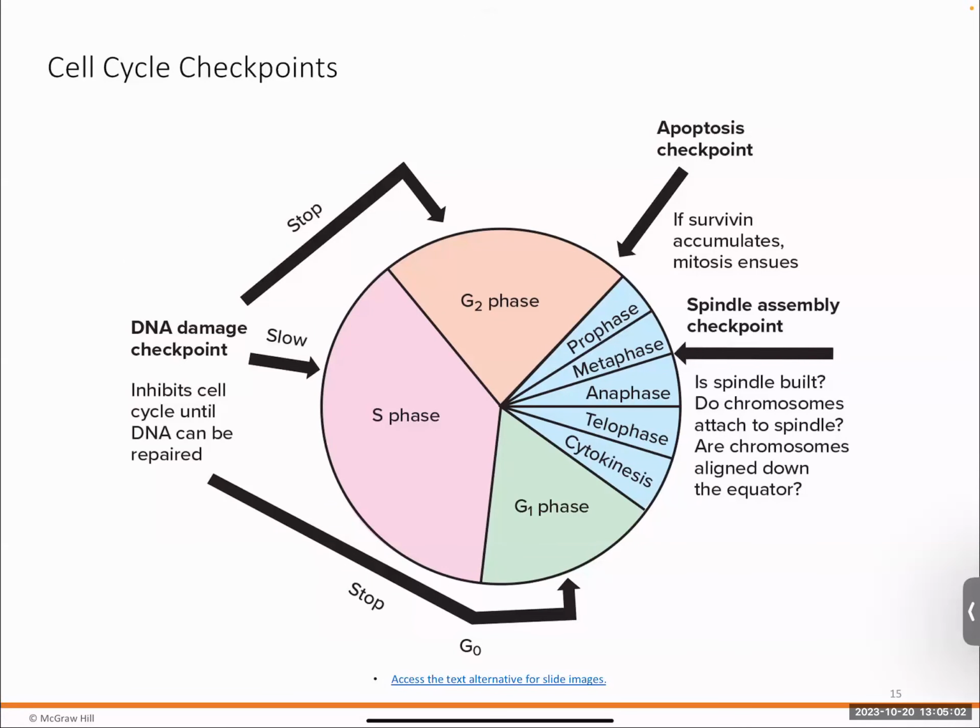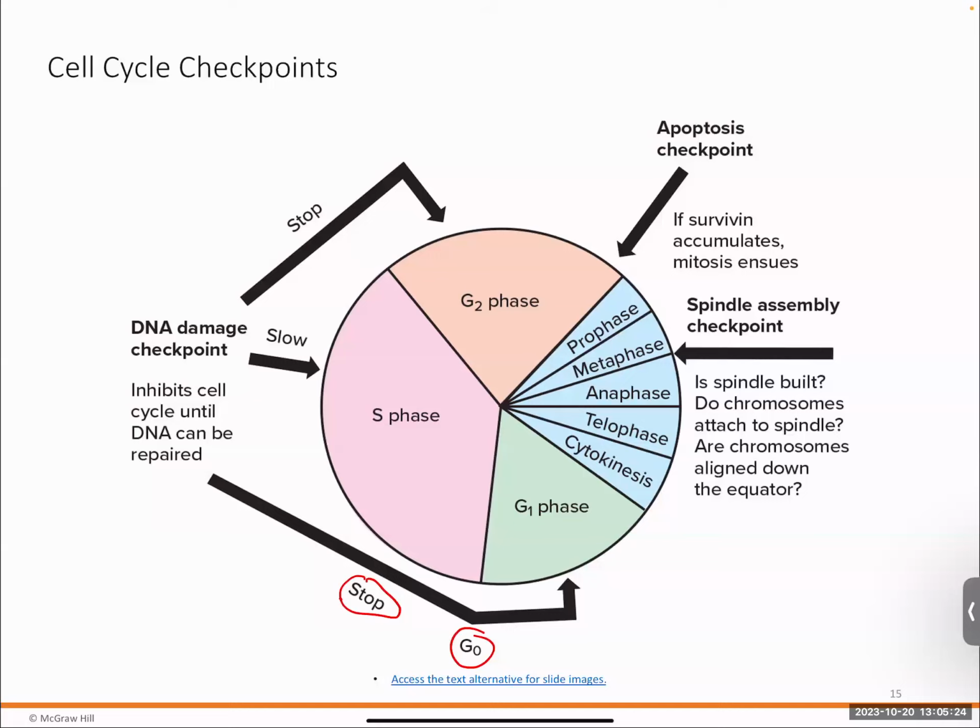Here is an idea of what those checkpoints look like. We already talked about a couple of them. For instance, if you're at G1, you can go to the G0 phase, which stops the process, unless your cell wants to go through cell division for whatever reason.